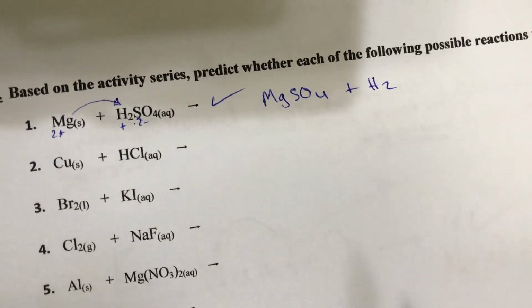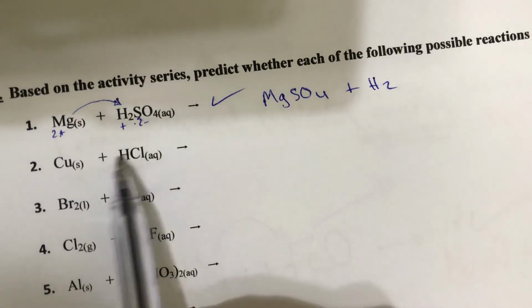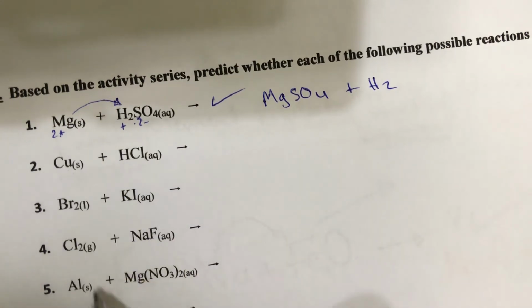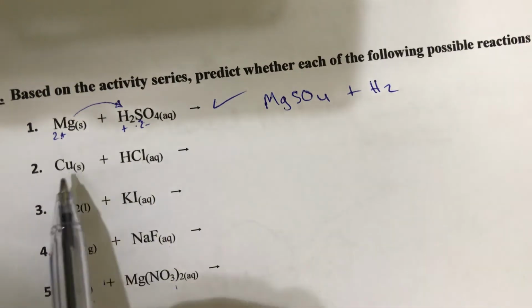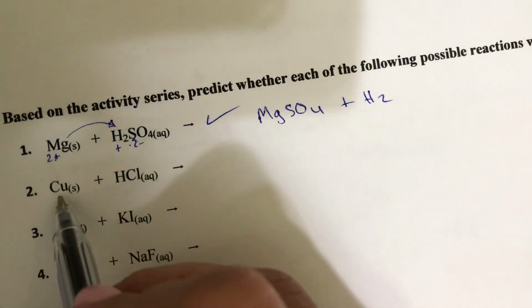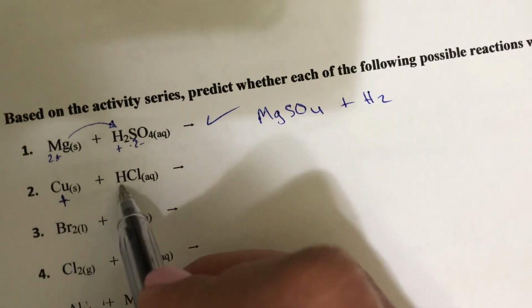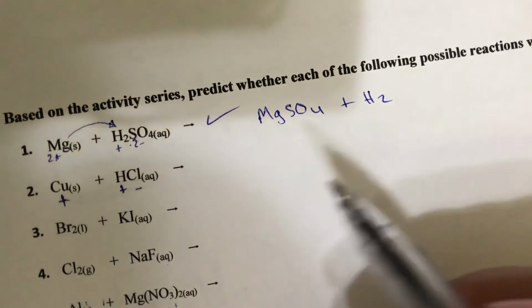Now what about the second one? It's a single displacement reaction, metal plus compound. All the reactions are single displacement reactions, metals plus compound. Now, copper is a metal, carrying positive charge, and hydrogen in hydrochloric acid carries positive charge and chloride negative charge.